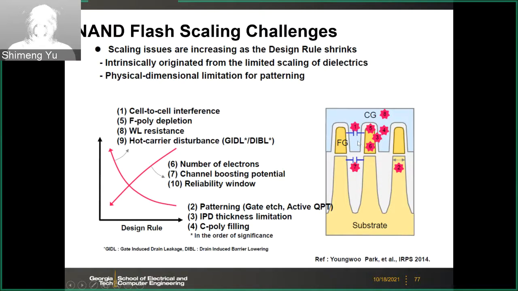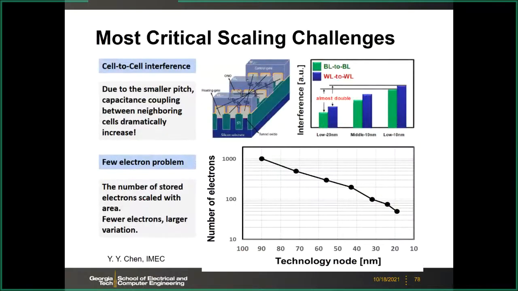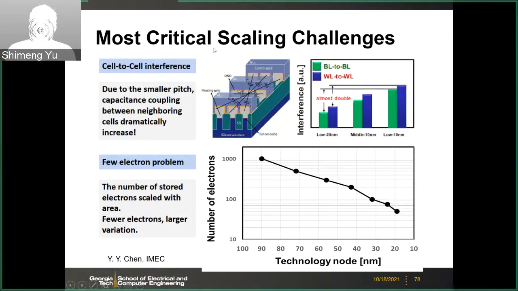The cell-to-cell interference will impact the VTH distribution, as we discuss later. And then we have the number of electrons, which is so limited in the floating gates. It will cause this few-electron problem.